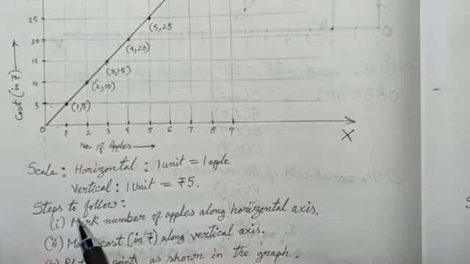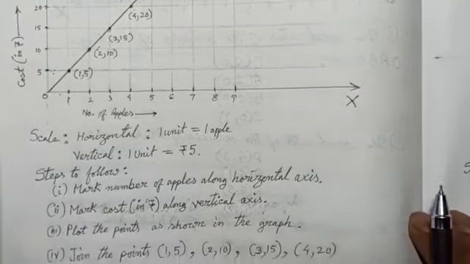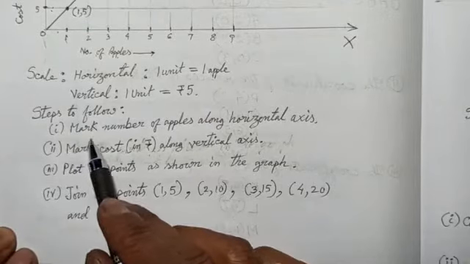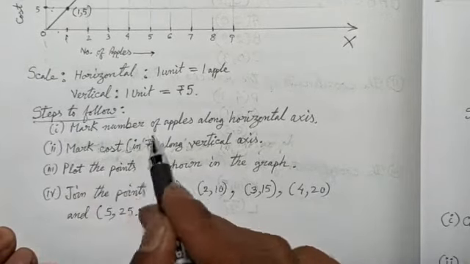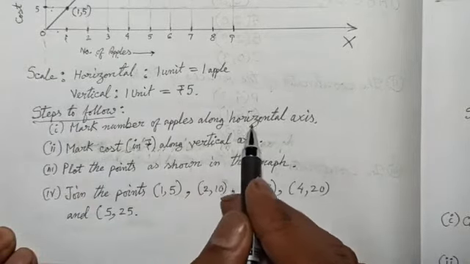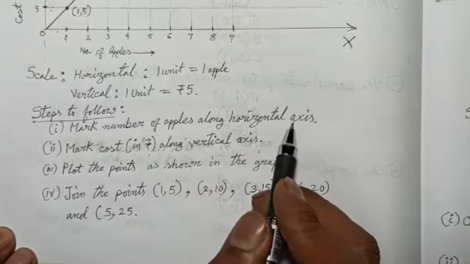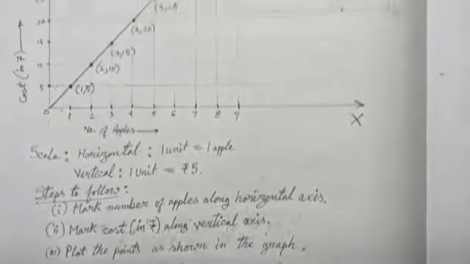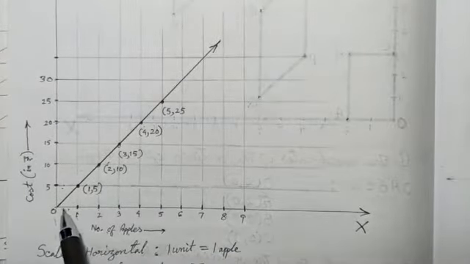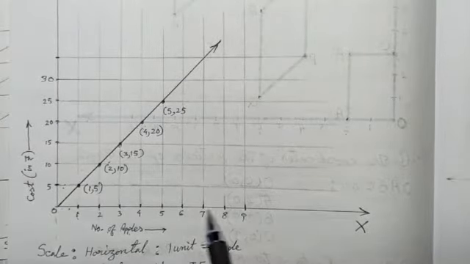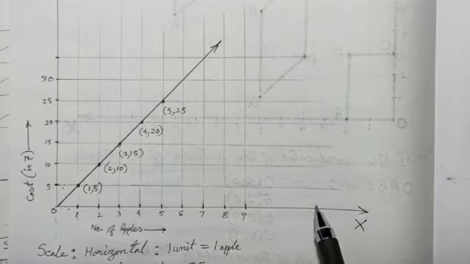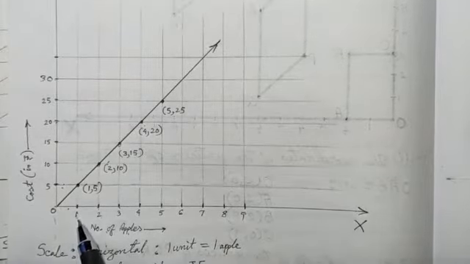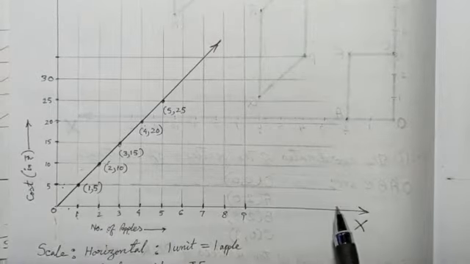Then steps to follow. Roman number 1, mark number of apples along the horizontal axis. So along the x-axis, we mark the number of apples 1, 2, 3, 4, 5, 6, and so on.